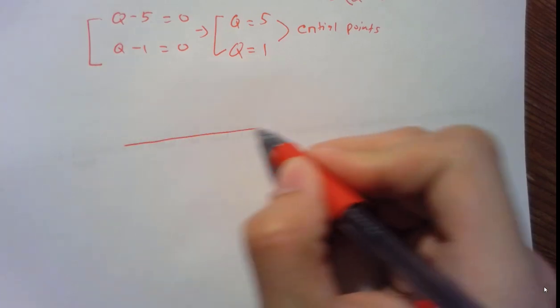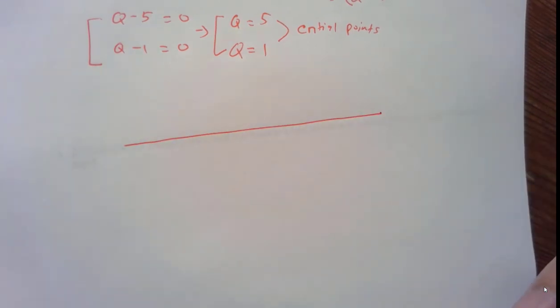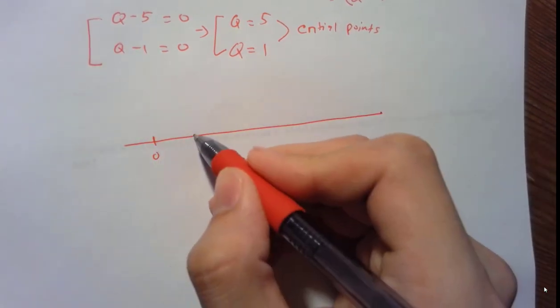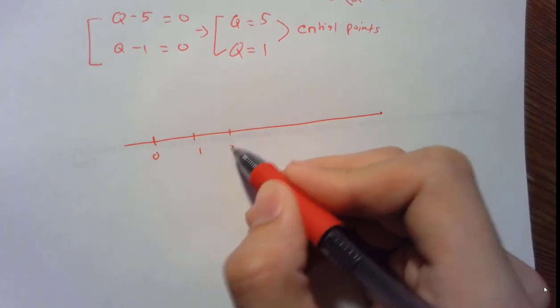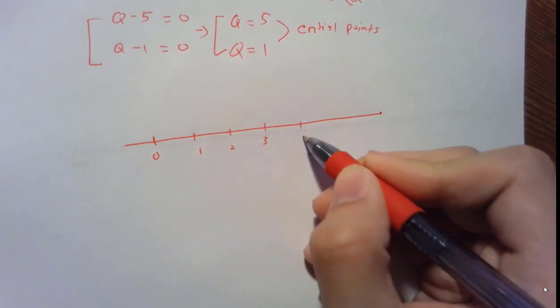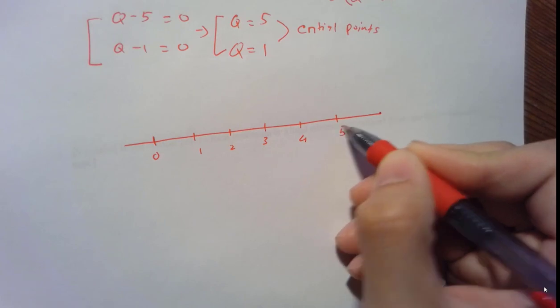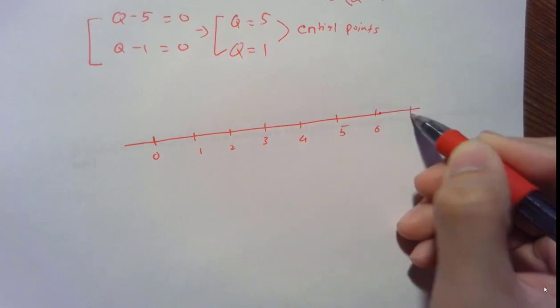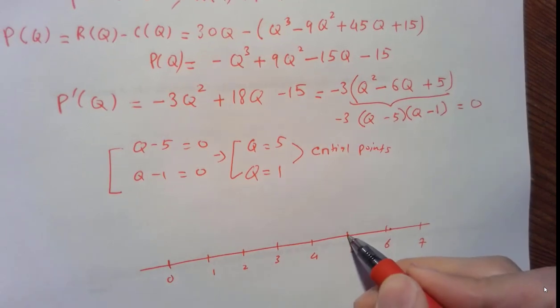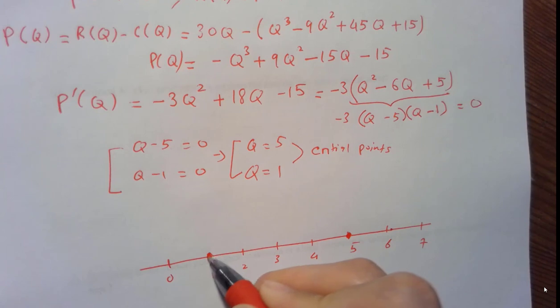So let's plot that: this is 0, 1, 2, 3, 4, 5, 6, and 7. The critical point 5 is right here, and 1 is also here.